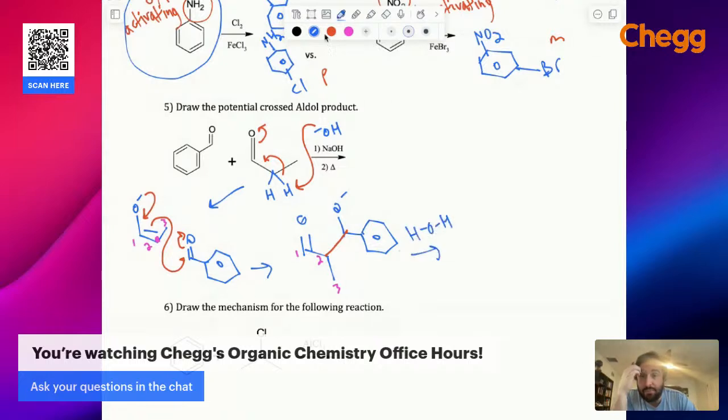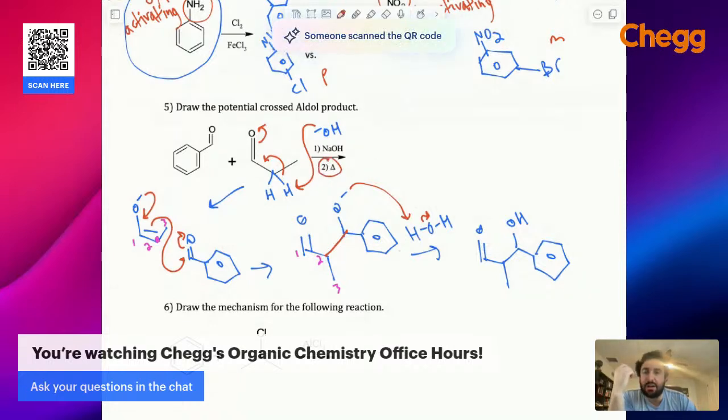So let's just go ahead and protonate that oxyanion. And we're going to get this. And then a little bit of heat here. What happens, because we're doing an aldol condensation, is this is the aldol addition product.